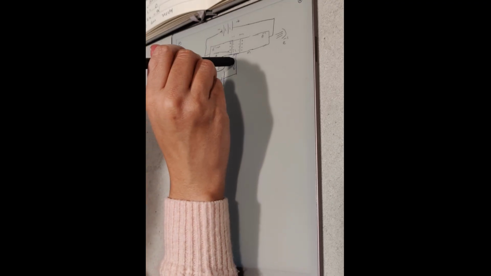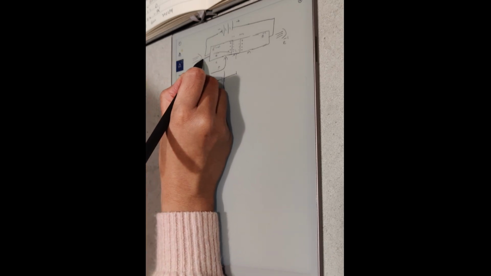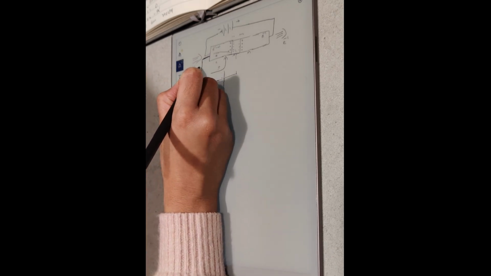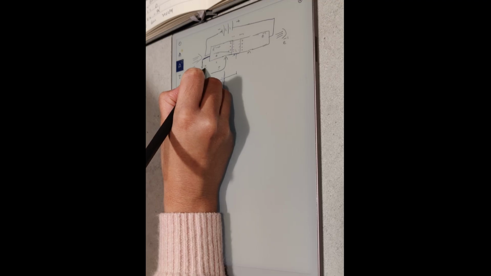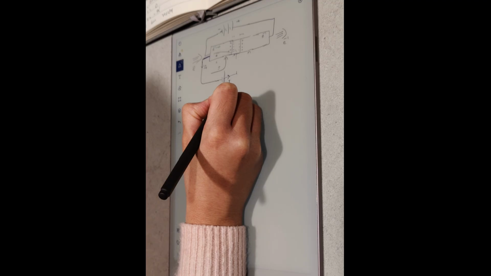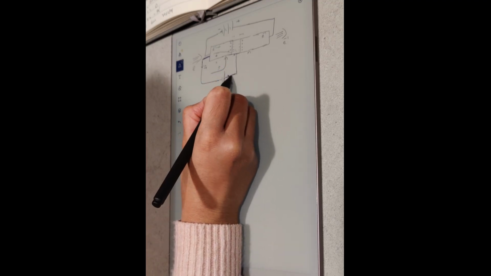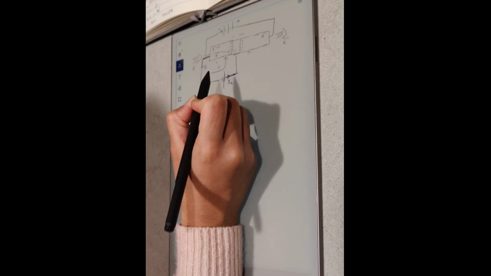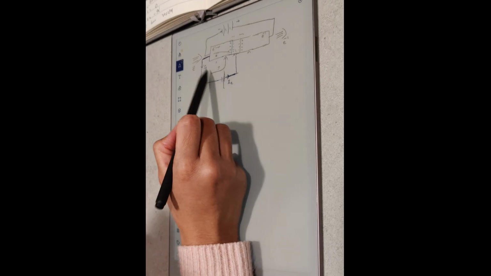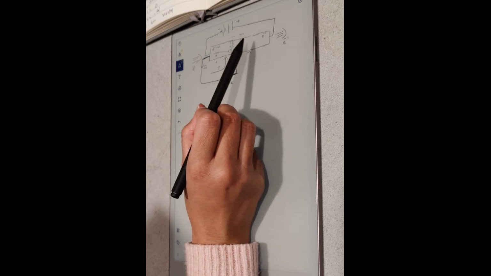Okay, so if I label it, then this current here is called IE. This branch here is called IE. So we know that there's a current flowing here. Now what happens on this side though?